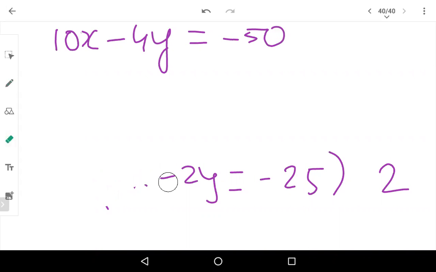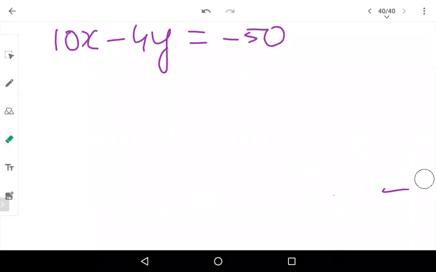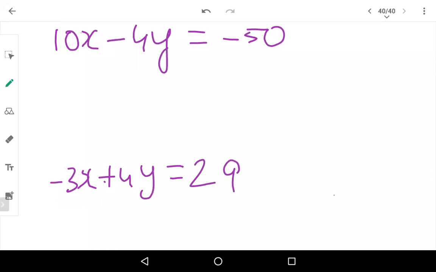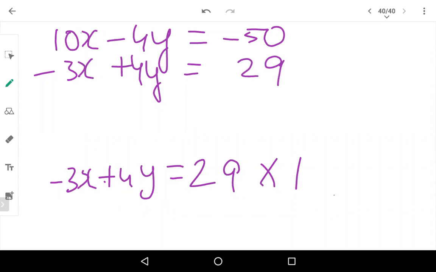Did you all understand till here? So this is your equation number 1. Now what is your equation number 2? Minus 3x plus 4y is equal to 29, and we are multiplying this with 1. So minus 3x plus 4y is equal to 29.